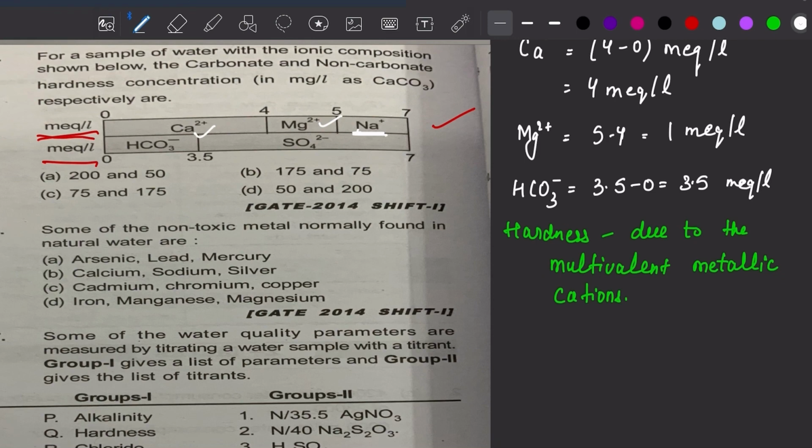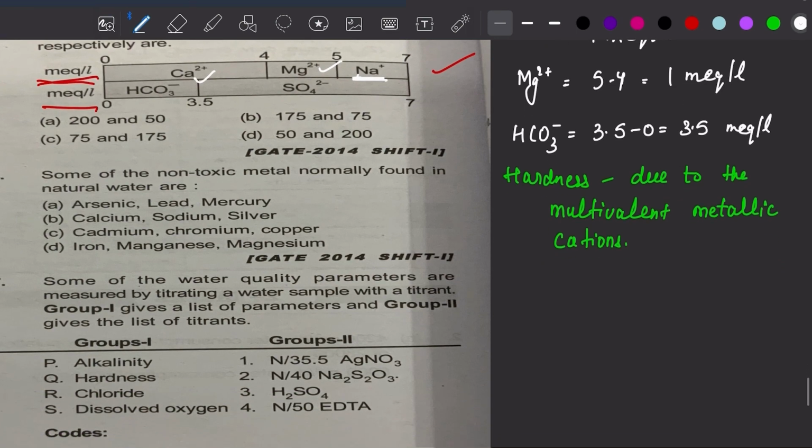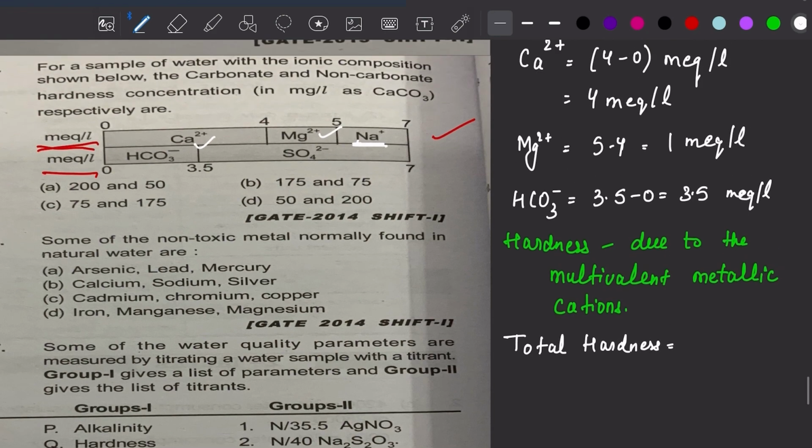So the total hardness is equal to the concentration of Ca ion, which is 4 milli equivalent per liter. One thing we should also remember is that hardness is always given as CaCO3.